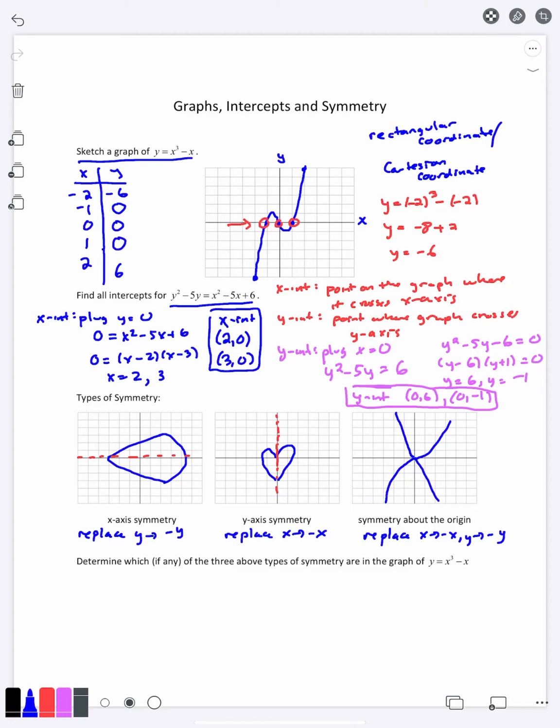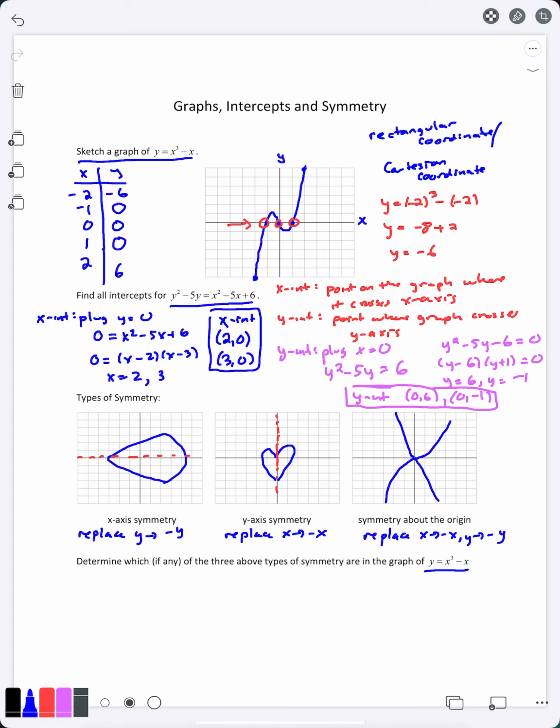So we're going to take a look at the equation y equals x cubed minus x, and we're going to try to figure out any symmetry that this equation has. Well, if I looked at my picture there, I could see it definitely doesn't have x or y-axis symmetry because it's not the same top and bottom, or left and right.